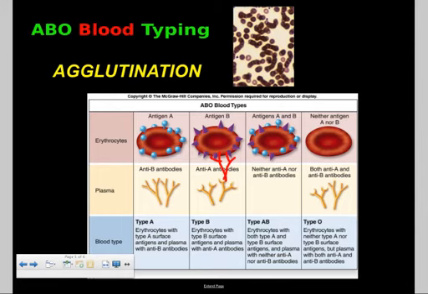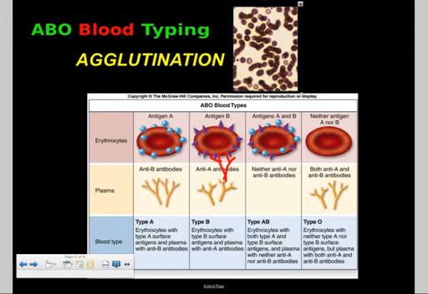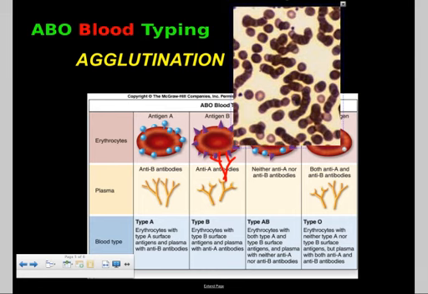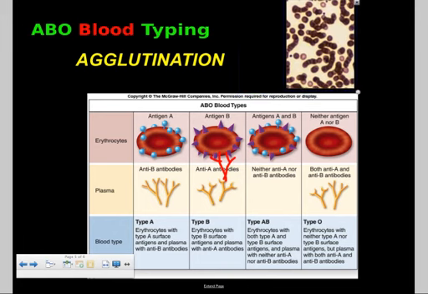The term that we're going to use when antibodies of one blood type attack surface proteins of another blood type, we're going to call that agglutination, where the cells actually end up sticking together, as you can see here, because the antibodies of one blood type are clamping down on the red blood cells of another blood type, causing all of these cells to stick together.